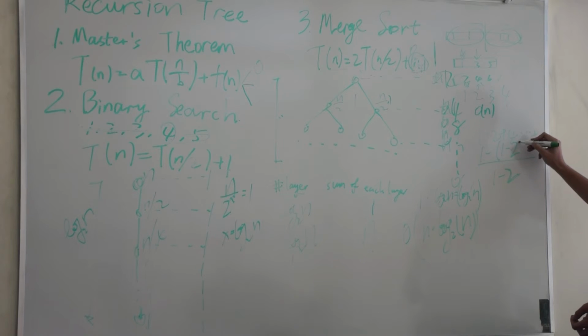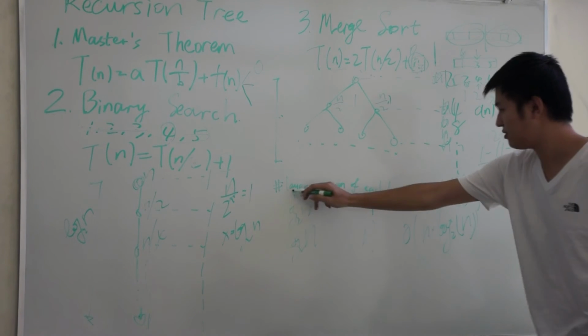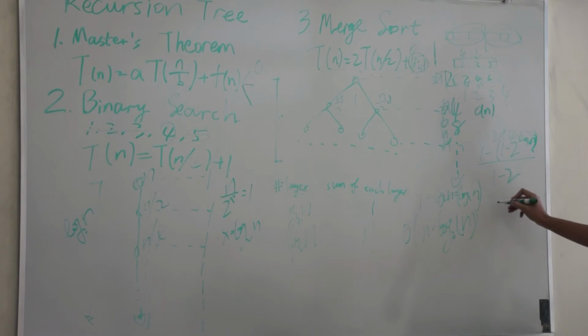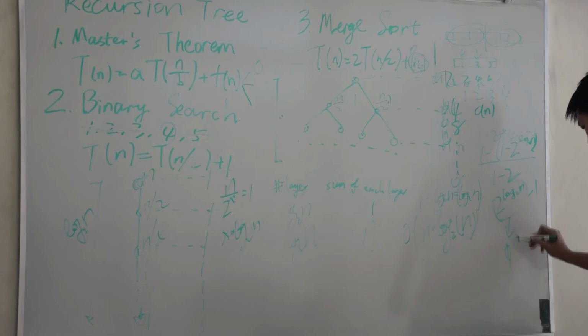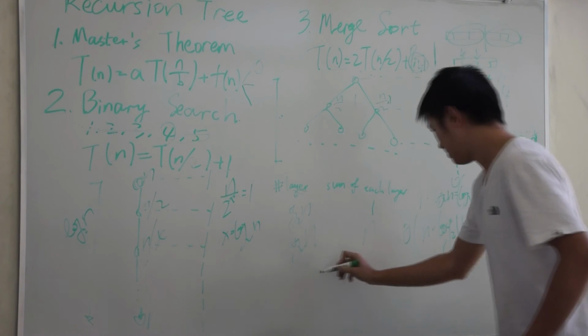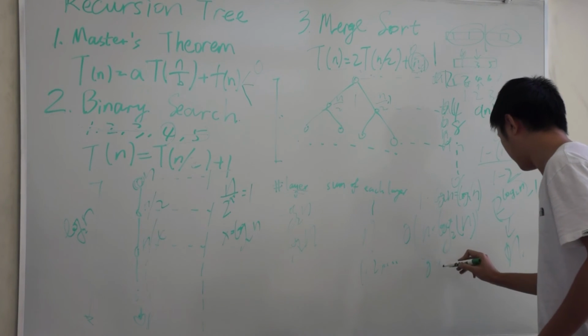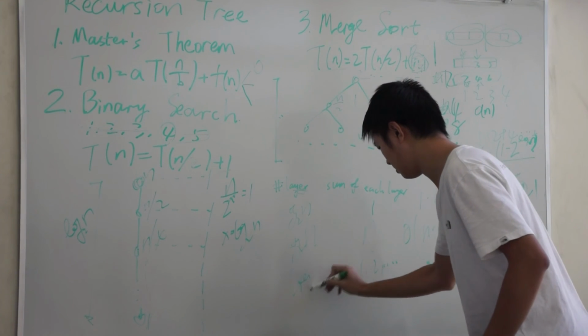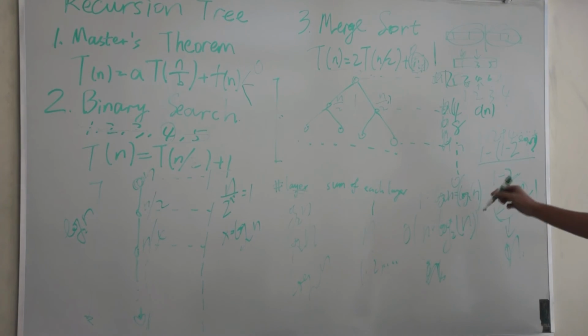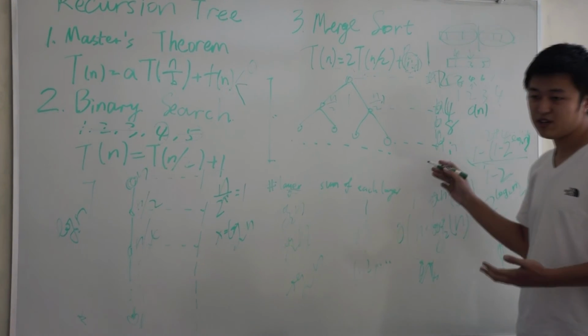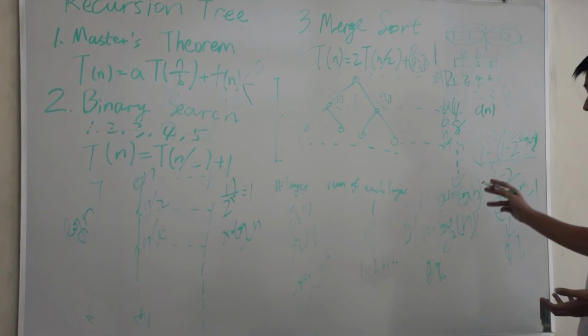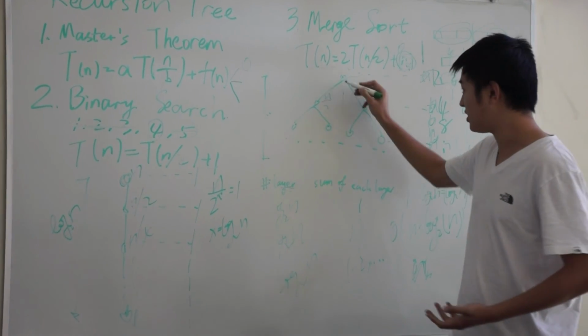Here is the number of layers, and it will be 2 to the power of log base 2 of n minus 1, which is about n. So the total is O of n. For this case, a typical application is the traversal of a binary tree.